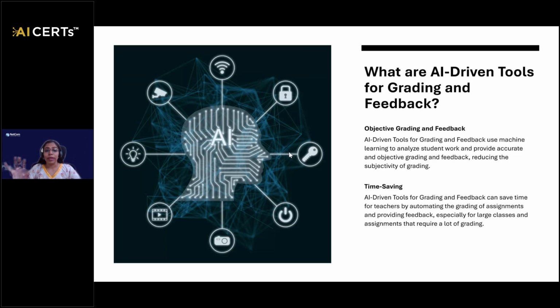It will be unbiased, where teachers will only focus on the improvement. And of course, I would not say that it is 100% done with AI driven tools. It needs human intervention, but only in the outliers, not in all the topics or in all the checking process.